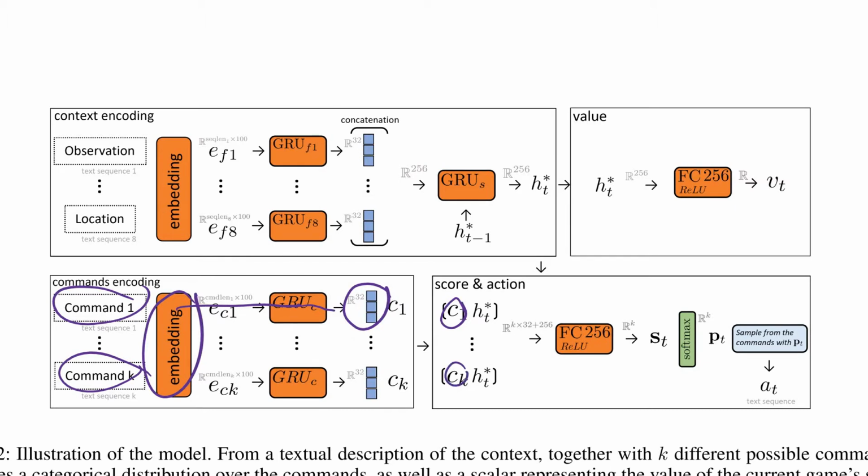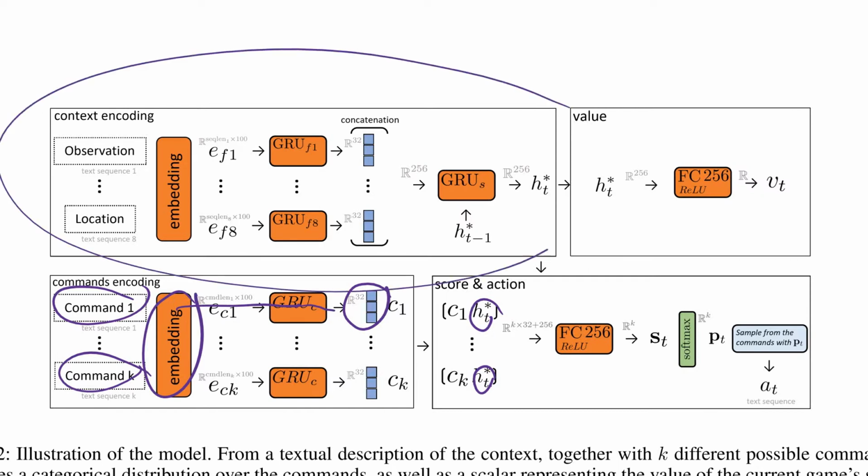These vectors are combined with the encoding of the current state, which is 256-dimensional, and then fed into a neural network that will output a probability distribution over these actions. This is pretty classic in deep reinforcement learning. So you have an action encoding and the state encoding, and the policy decides on that. The state encoding, you'll see here, is the same everywhere, of course, because the current game state is the current game state. This comes from this model up here.